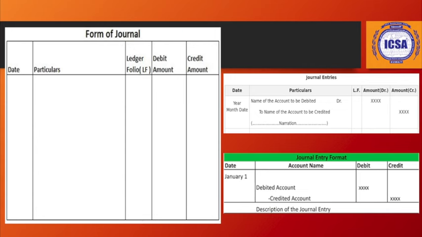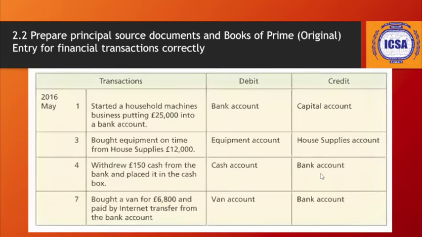Then this is again the format and how entries are recorded in journals. Yes, here we can see prepare principal source documents and books of prime entry for the financial transaction correctly. So there comes the same part we were discussing, how entries are to be recorded in journals in all books of prime entry.